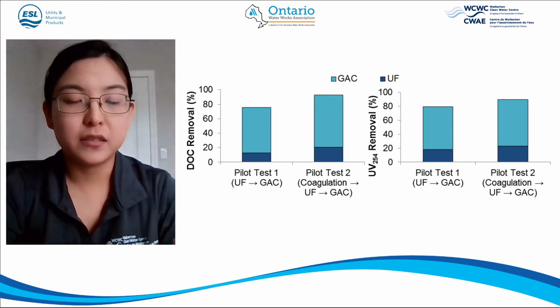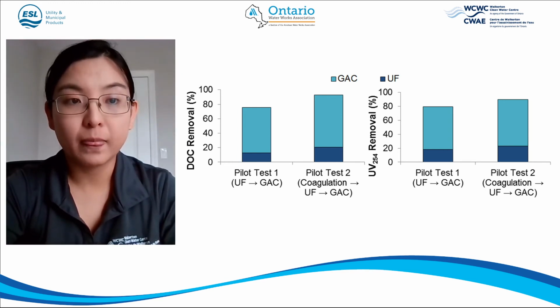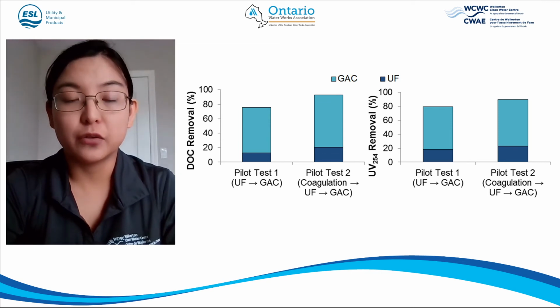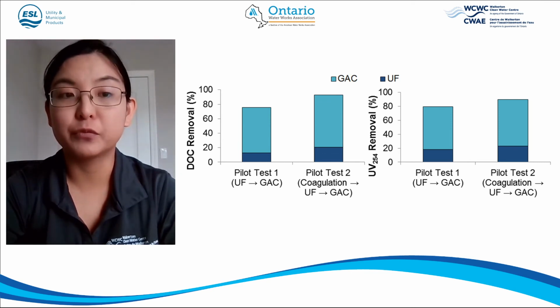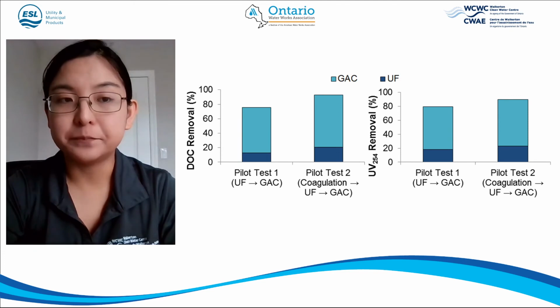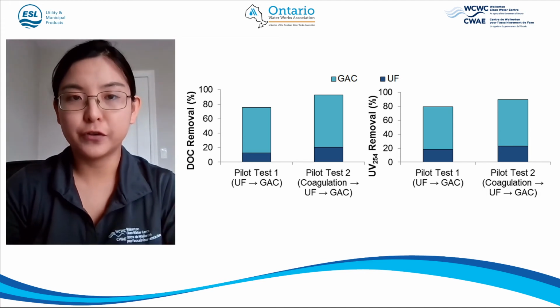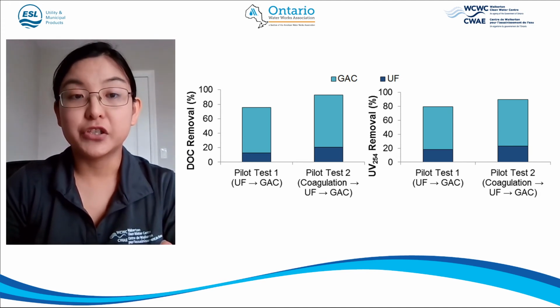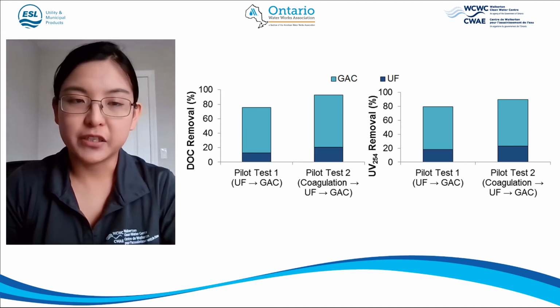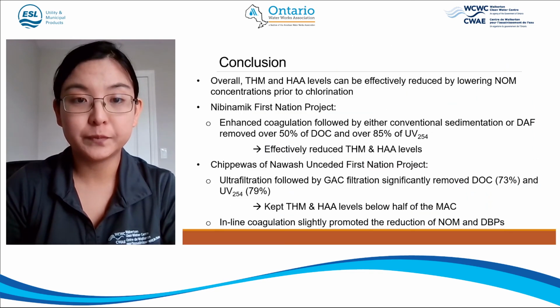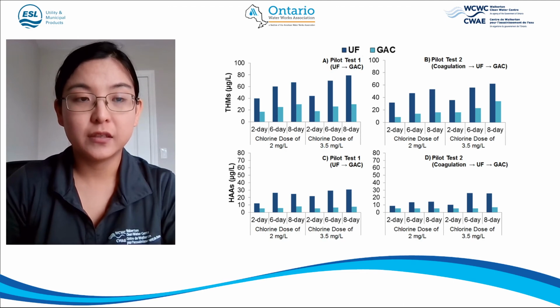If we look at the two bars, it looks like the majority of the DOC, or natural organic matter, was removed by GAC. And then inline coagulation slightly further reduced the DOC in the water.